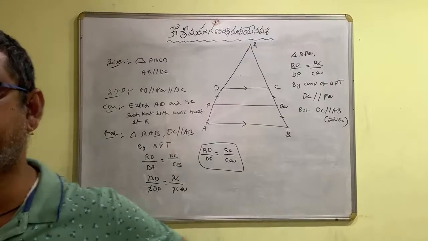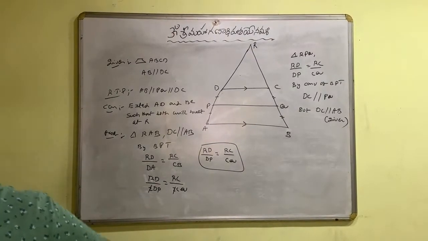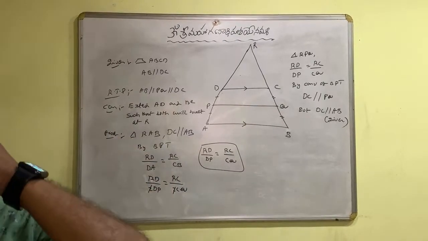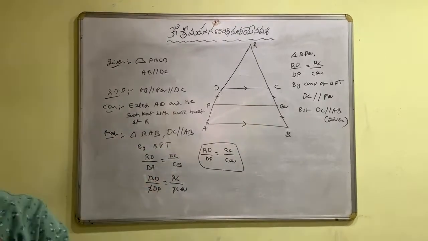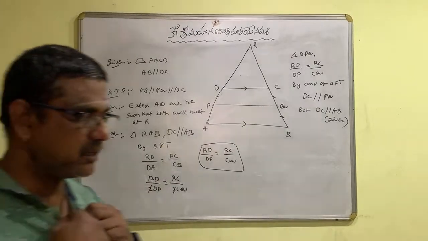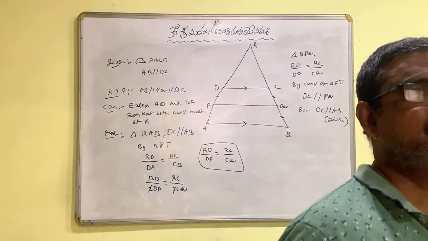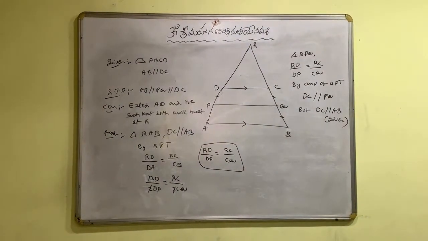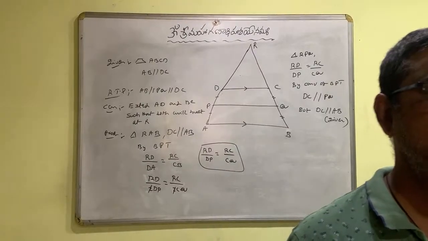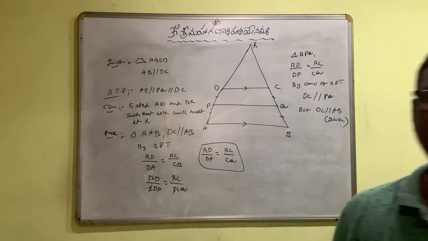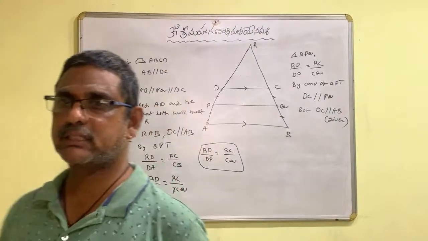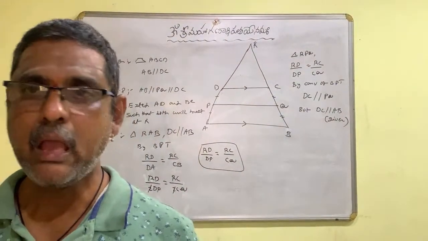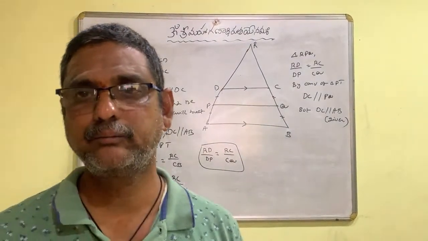Euclid's axiom comes in here. What is that? Lines which are parallel to the same line are parallel to each other. Is that right?